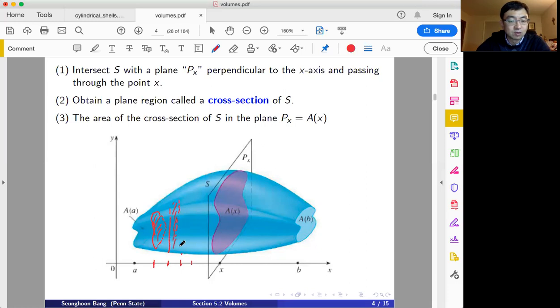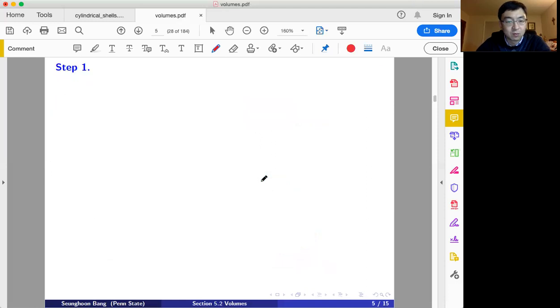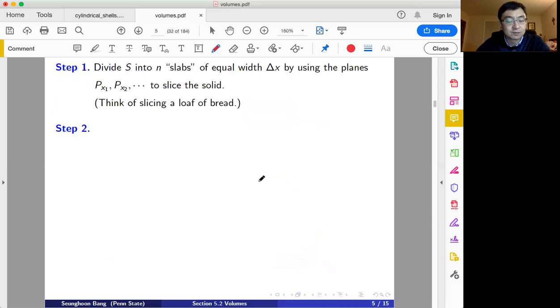You cut more here, choosing more points. You can cut all the points like this.